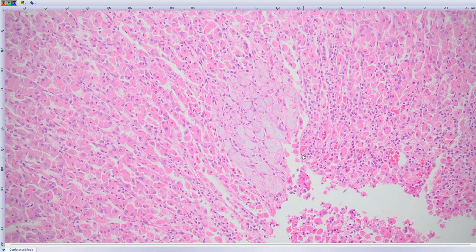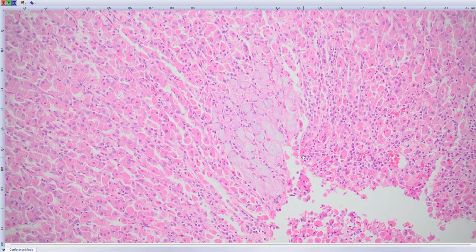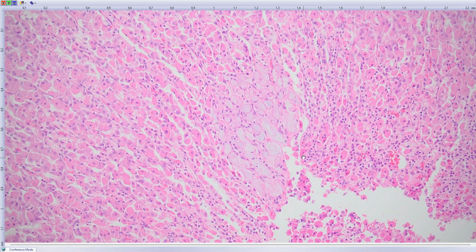In fact, they saved her life by preventing invasive growth of this lesion. So you should always submit the whole stomach to rule out invasive cancer. It's quite a job to do, but we have to do it. So this was a signet ring cell adenocarcinoma in situ.